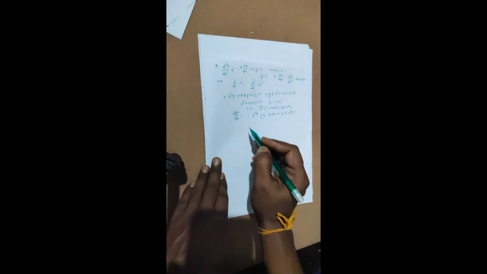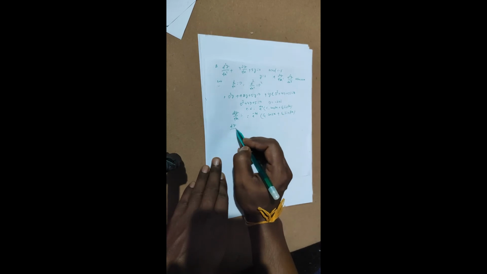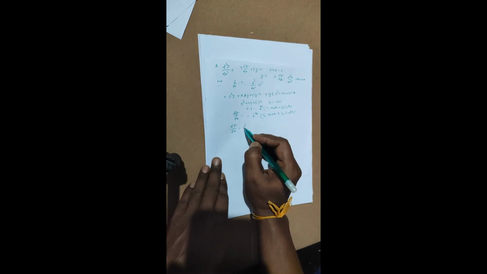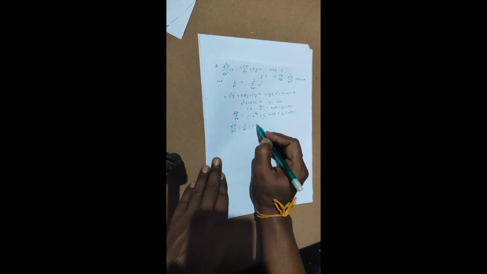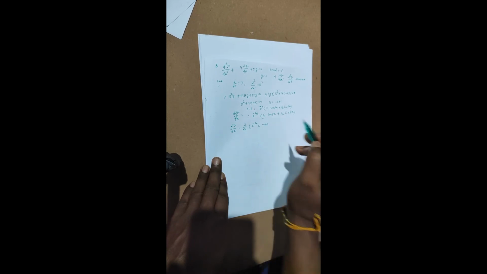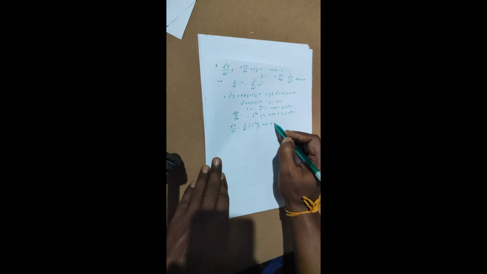First of all, dy by dx is the first derivative, which we find by taking the derivative of this. So d by dx of e to the power minus 2x (c1 cos x plus c2 sin beta x).